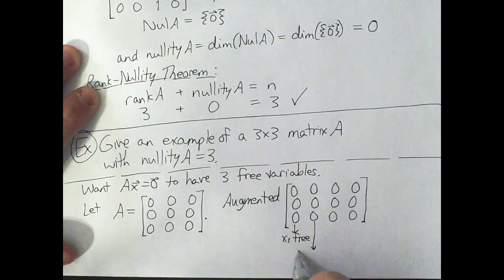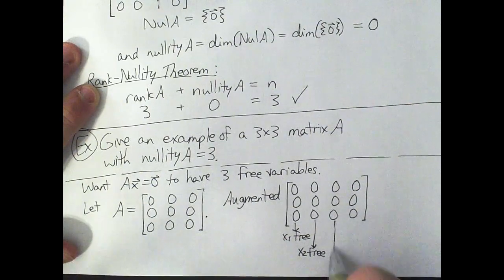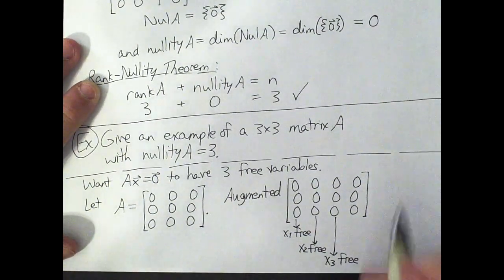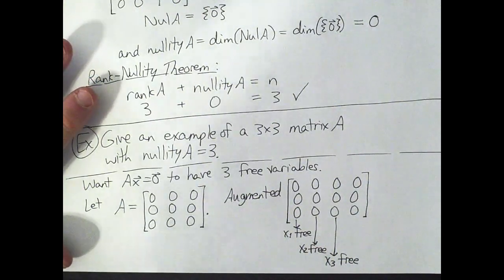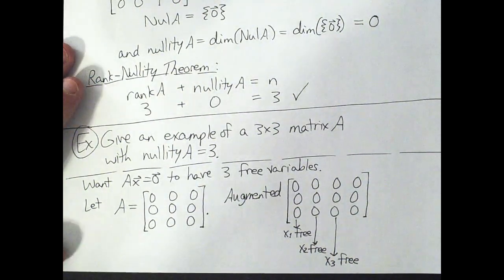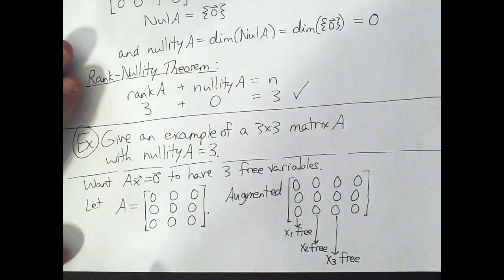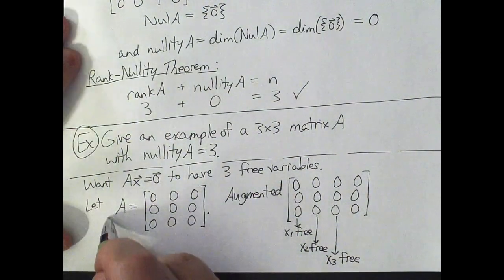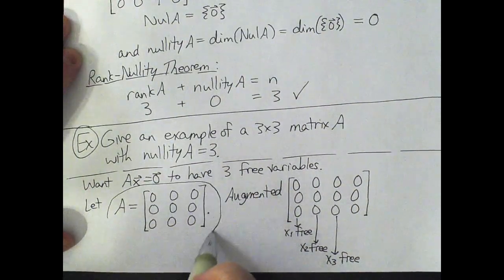This column is telling me that x2 is free. This column is telling me that x3 is free. And the last column was from the right-hand side, so that's fine. There is no x4. It's a 3 by 3 matrix. So they're all free variables, so this seems to work. I'm going to put a circle around this. I'm going to say that is my answer.